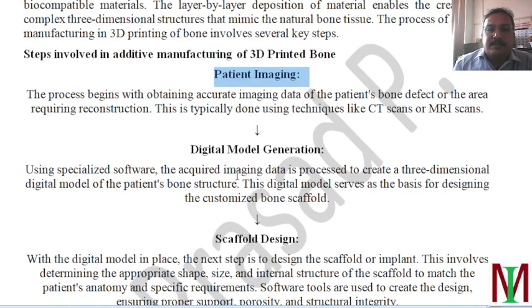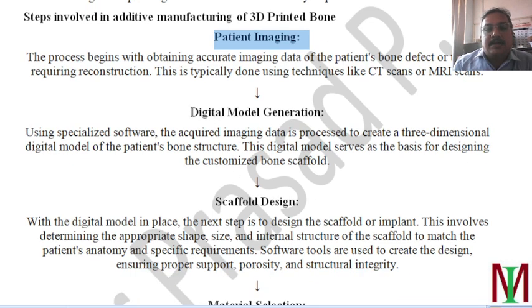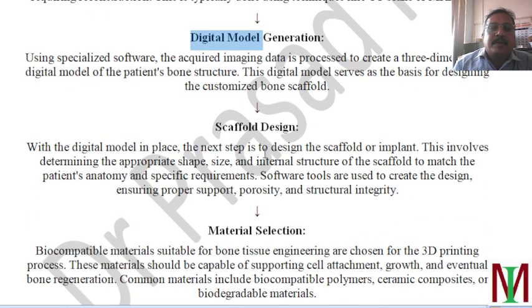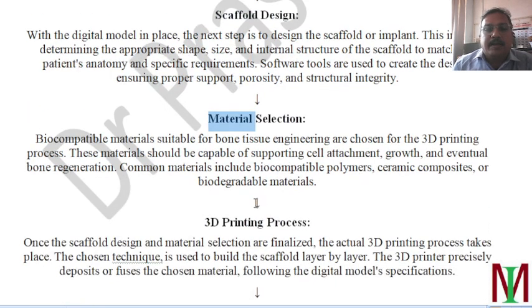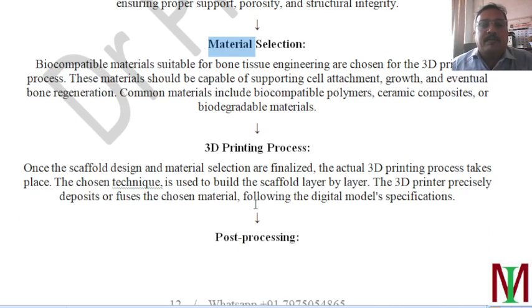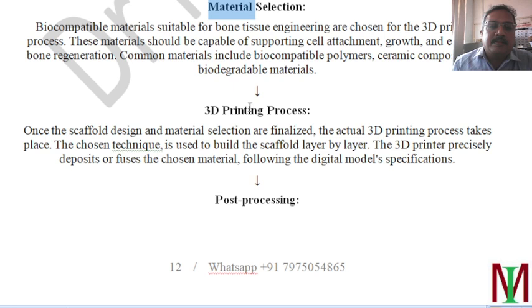Additive manufacturing in 3D printing of bone, the steps involved are these. Patient imaging: the image is taken using CT scan or MRI scan. Digital models are prepared. Then scaffold designs are made. Materials are selected accordingly; common materials are polymers, ceramics, or other biodegradable materials. Then the 3D printing process is done layer by layer.